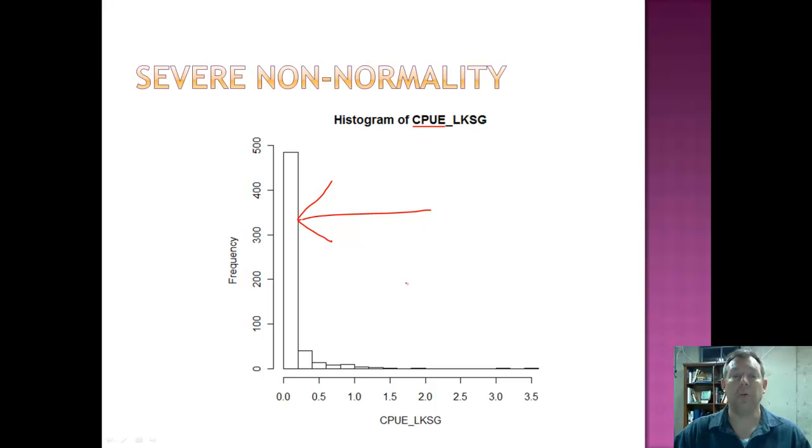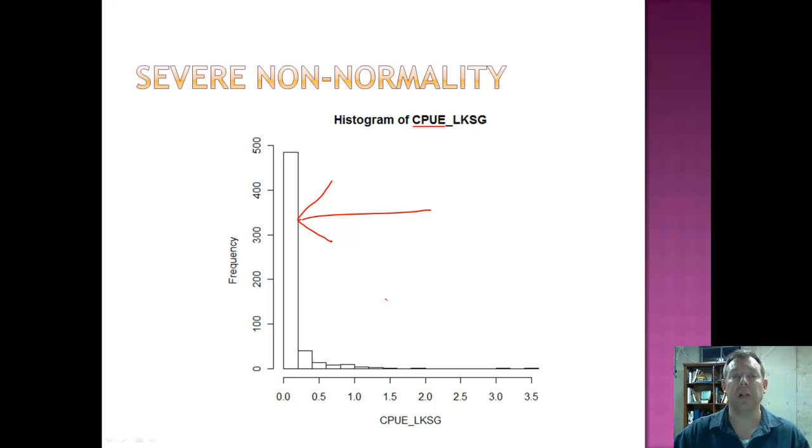And so what does that mean? That means most of the time when we fished, when we threw out a net, we didn't catch any lake sturgeon. It's not because we're bad at catching lake sturgeon. It's because they're rare. They're a state endangered fish. And so most of the time we got 0 fish per hour, and then we did catch some fish. And this is a typical distribution.